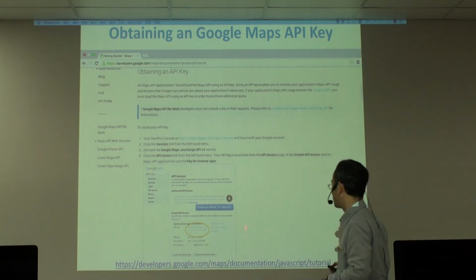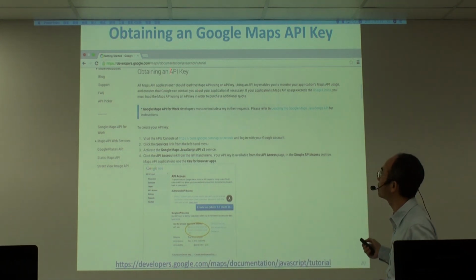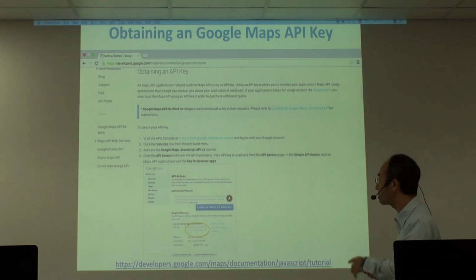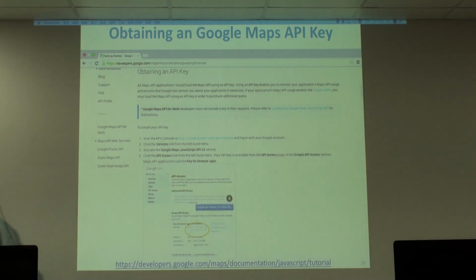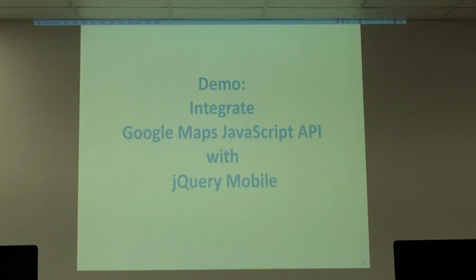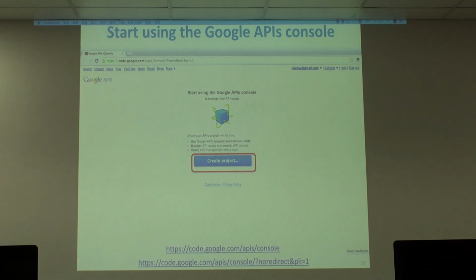So this is the JavaScript tutorial. You can access it here. So please practice visiting here first and make sure you can get the API key. So here is the code API key, right? Firstly, start using the Google API console like this.